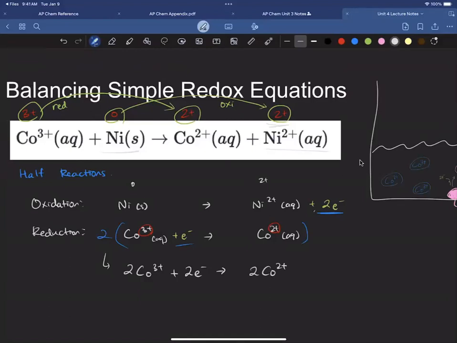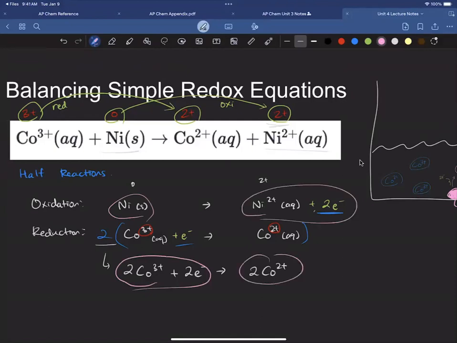That's this equation multiplied by 2. Then you just add these two equations: the reactants add together, and the products also add together.